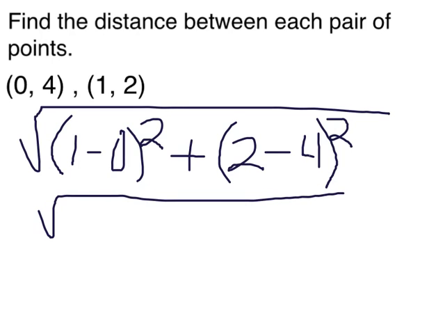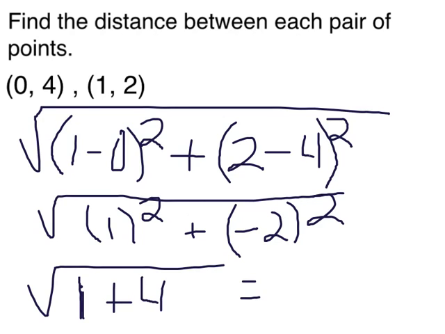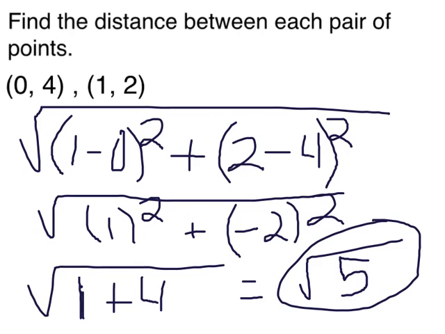So 1 minus 0 is just 1, plus 2 minus 4 is -2. Make sure you square it, so that leaves us with 1 squared is 1, plus -2 squared is 4, so our answer is square root of 5. And you can just leave it as square root of 5, you don't have to plug it into the calculator.